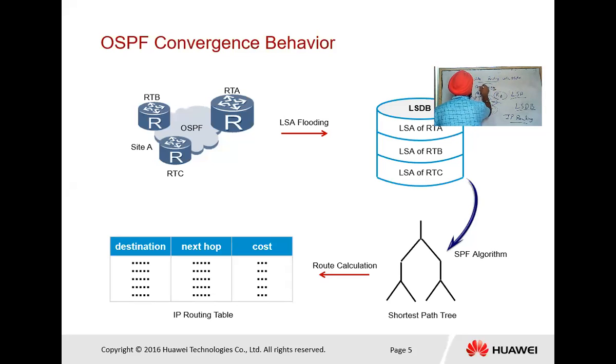So which one is faster? All this calculation is done with the SPF algorithm, because that depends upon the advertisement. So the data goes to LSA flooding, then first goes to the LSDB, then the LSA goes to router 1, 2, and 3.